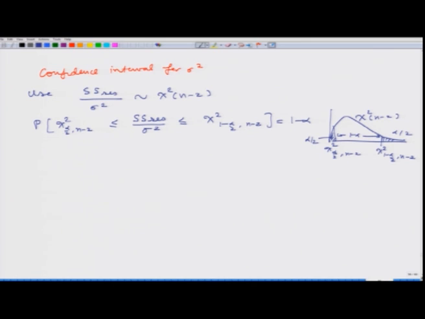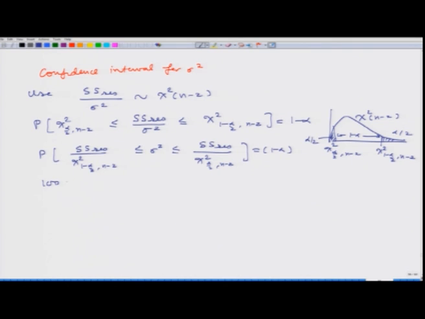So, now if you try to solve it, this becomes simply SS res divided by chi-square with 1 minus alpha by 2, n minus 2 less than or equal to sigma square less than or equal to SS res over chi-square with alpha by 2 and n minus 2 degrees of freedom, equal to 1 minus alpha.